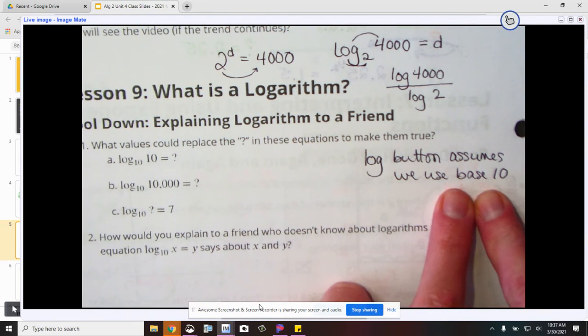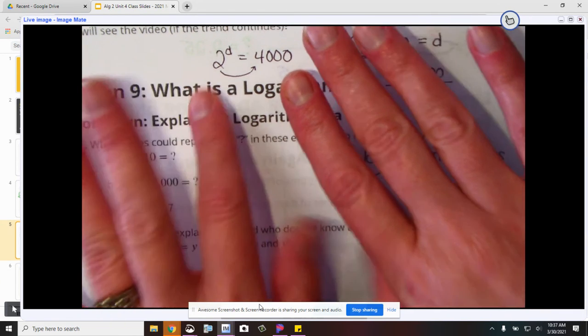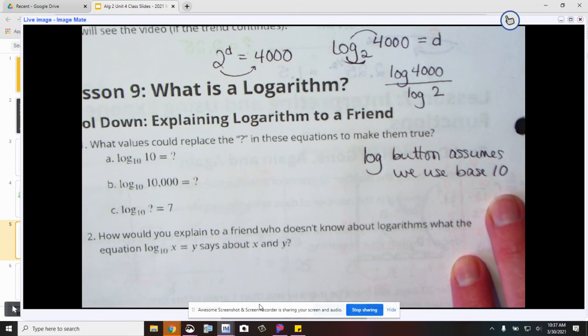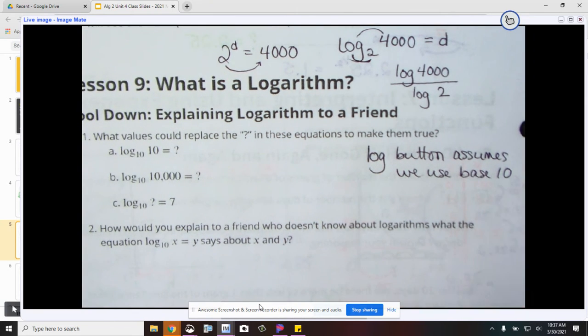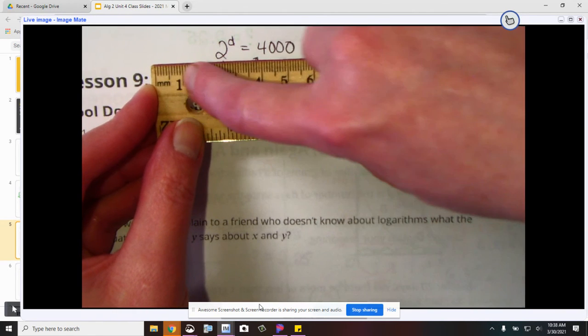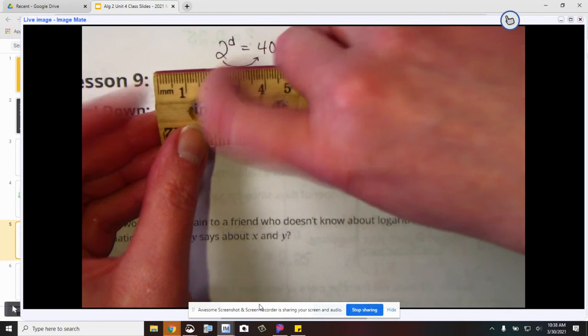So a lot of what we use is in base 10 only because we have 10 fingers. That's why we started counting that way, and everything starts working on base 10. The whole metric system is based on base 10. So when we have millimeters, each millimeter is divided into 10 smaller sections.